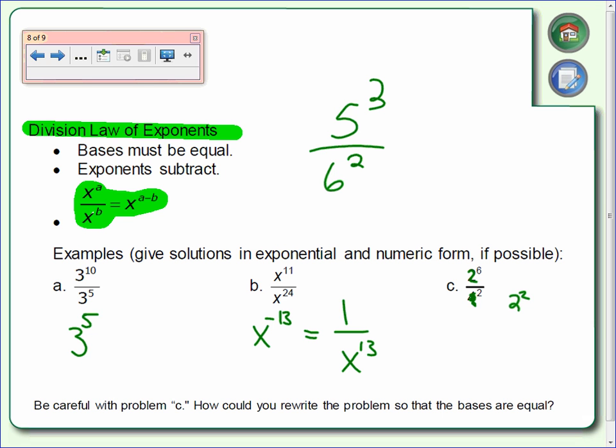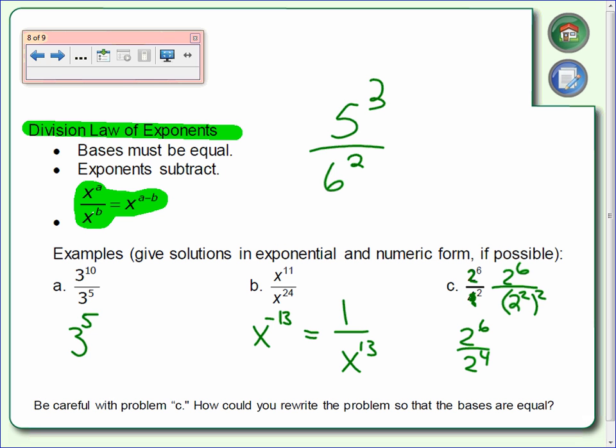Now the only thing is, and I wish they hadn't put this in quite yet because there's another rule that we have. I had a 2 out here to begin with, and I don't like this because it's kind of jumping the gun here. I've got 2 exponents, and when I take a look at those 2 exponents, 2 times 2 will give me a 4. It's a little confusing right now because there's a rule that we haven't discussed that we'll be talking about at a later time.